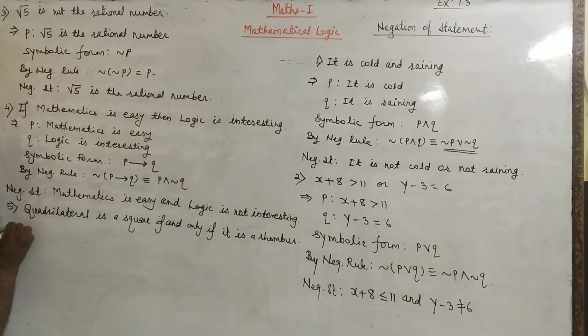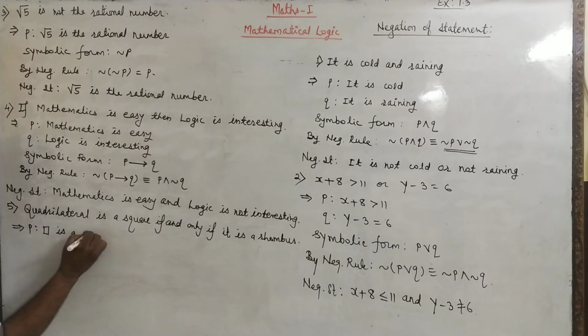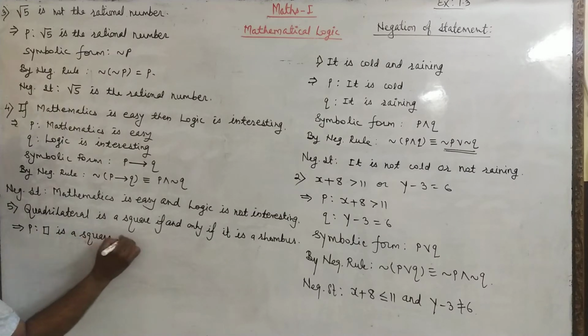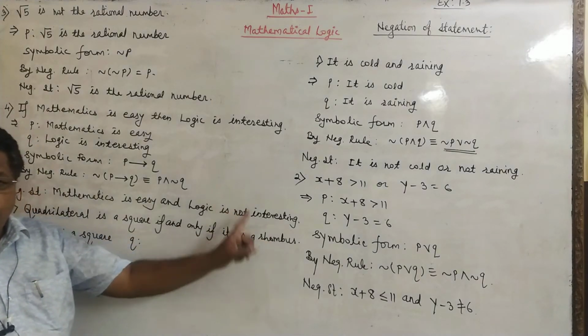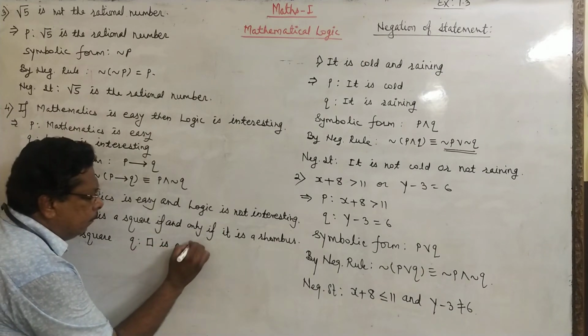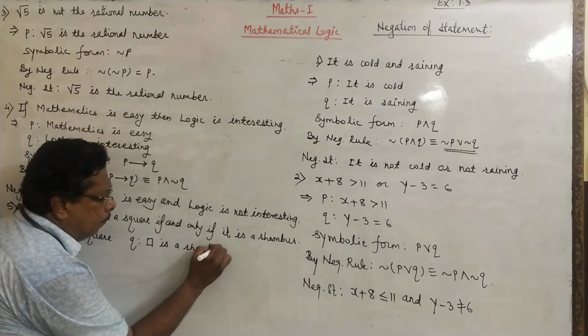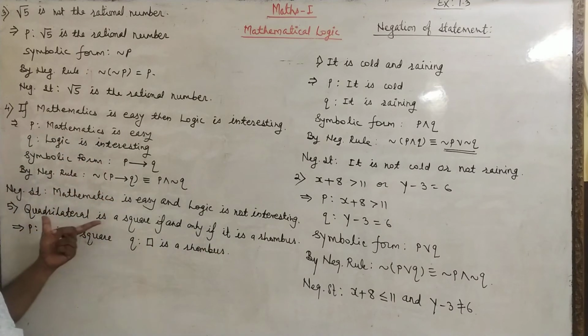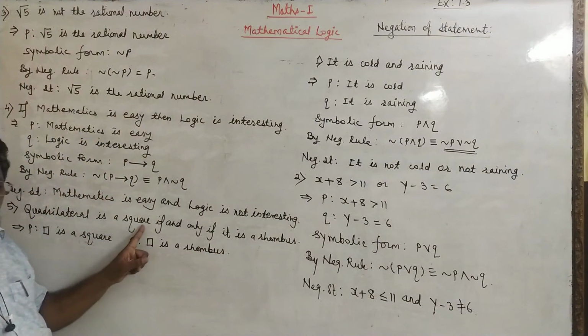Write down the statements P and Q. What is the statement P here? Quadrilateral is a square. What is the statement Q? It is a rhombus, meaning quadrilateral is a rhombus. First half is P, quadrilateral is a square.